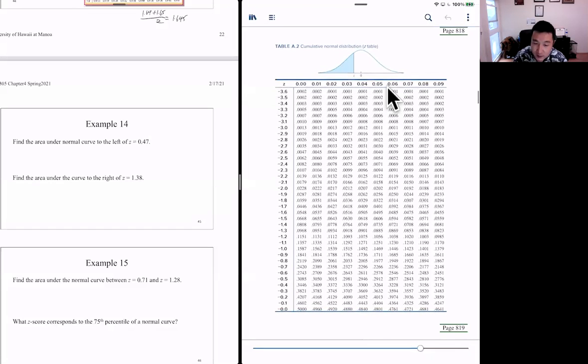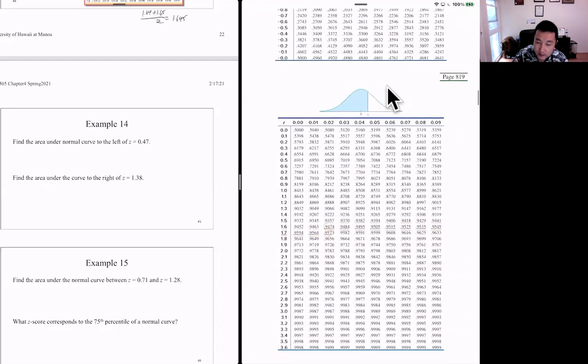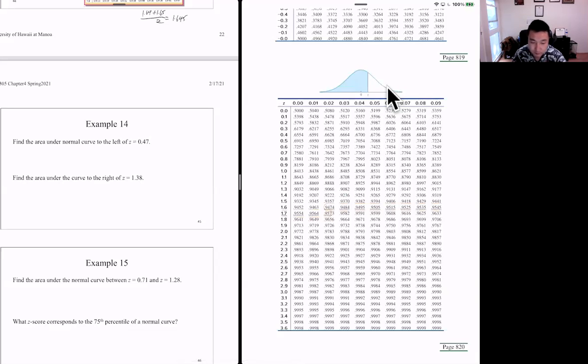For table 8.2, the z table, the z value could be negative, as we can see from here, or could be positive. For a z value of 0.47, we find where 0.47 is.